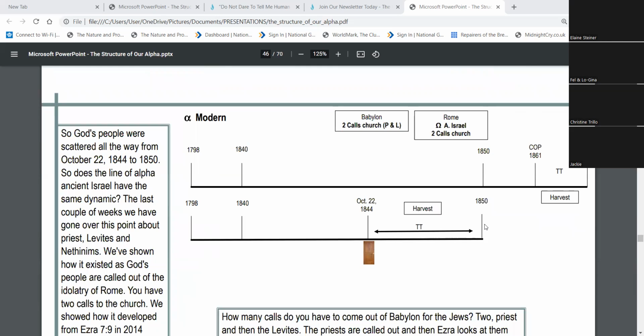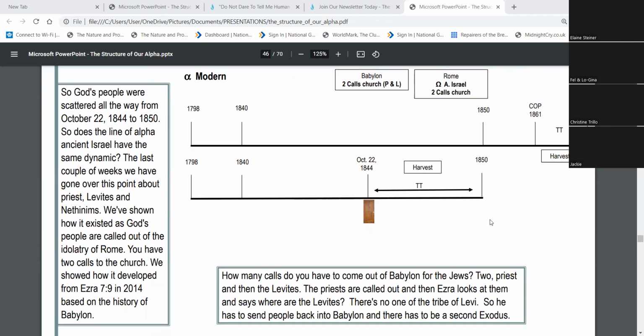So does the line of Alpha Ancient Israel have the same dynamic? The last couple of weeks, we've gone over this point about priests, Levites, and Nethinims. We've shown how it existed as God's people are called out of the idolatry of Rome. You have two calls to the church. We showed how it developed from Ezra 7:9 in the 2014, based on the history of Babylon.